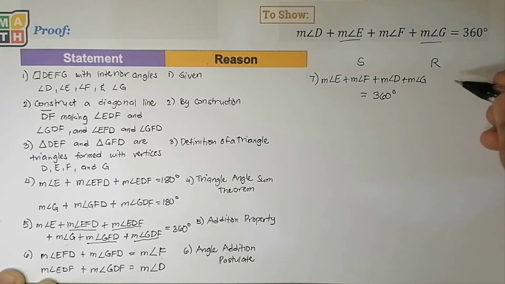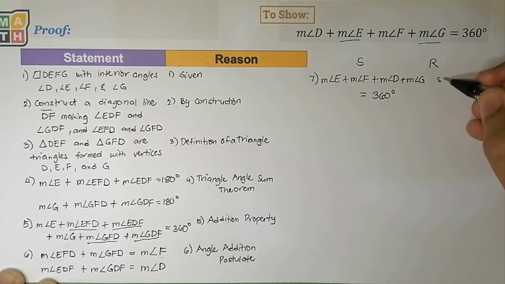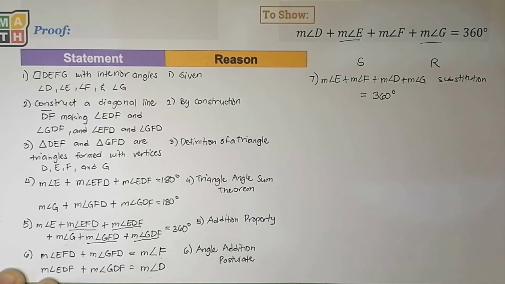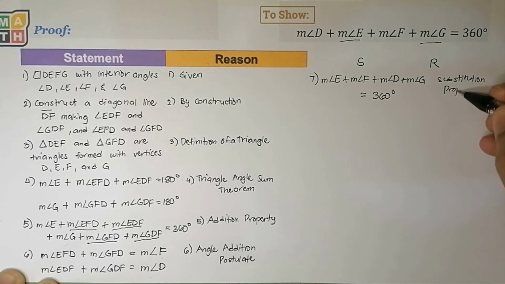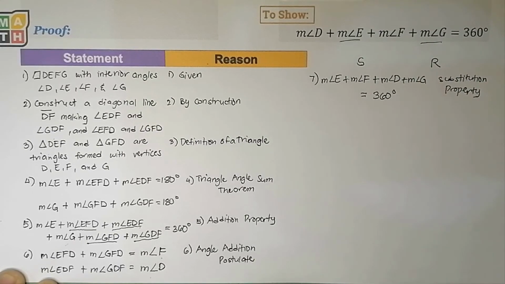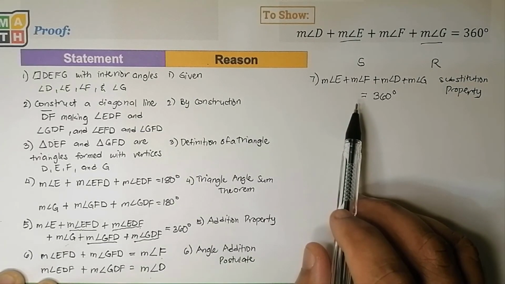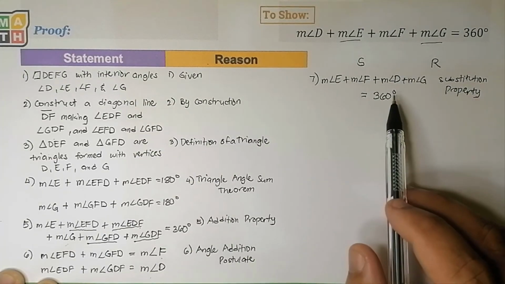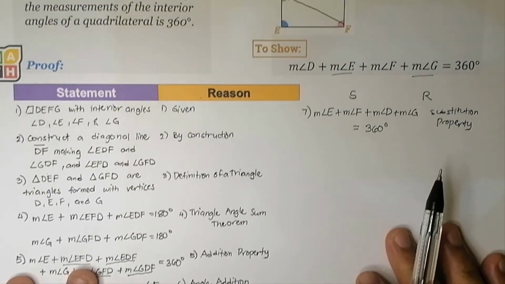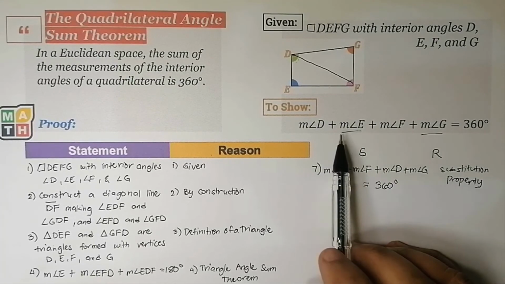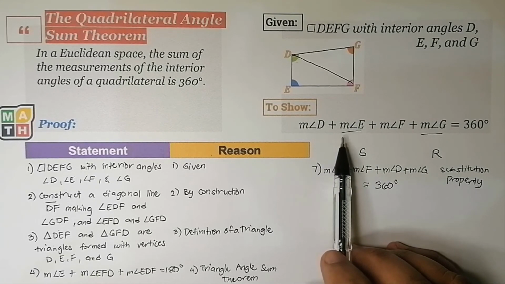The reason for this is by simply using the substitution property, because we just simply use statement number 6 and substitute whatever relationship here to statement number 5 as we come up with statement number 7. And we are just almost there. We just simply need to rearrange this in such a way that it will be the same as what we would like to show.